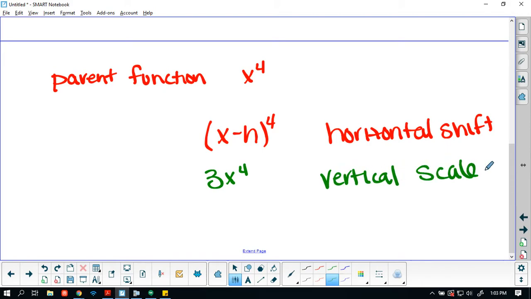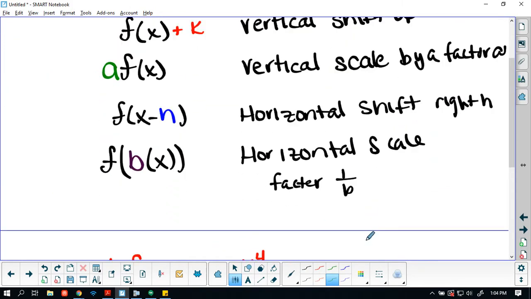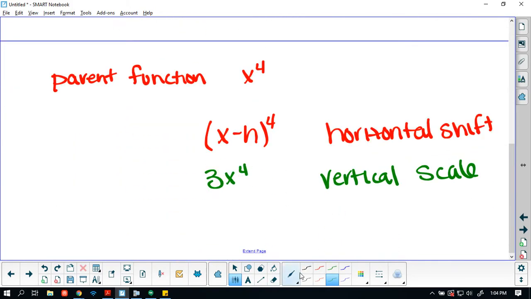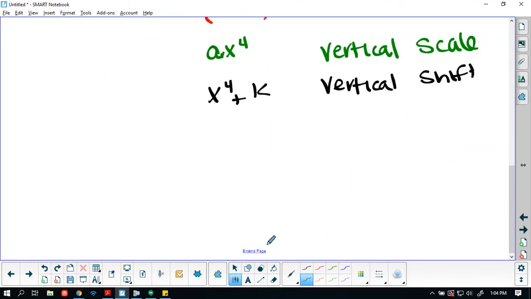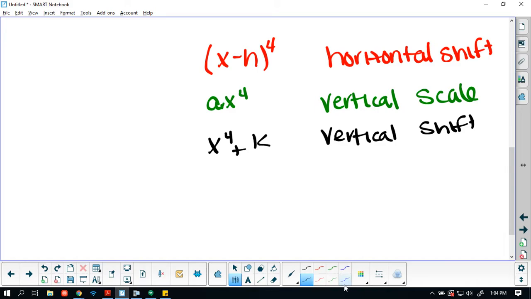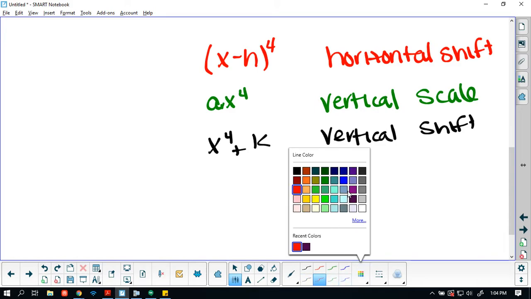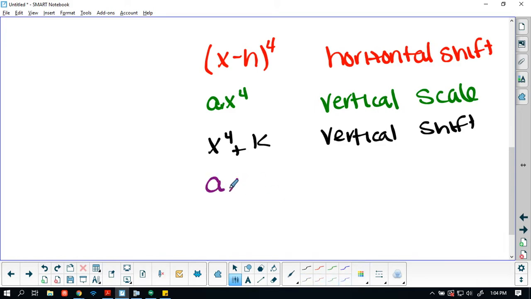If I did x to the fourth plus k, then this is going to be a vertical shift. And then if I had a x to the fourth, this would be horizontal.